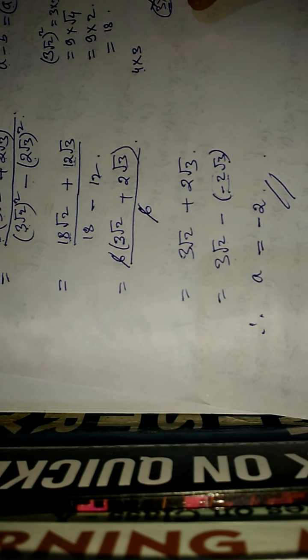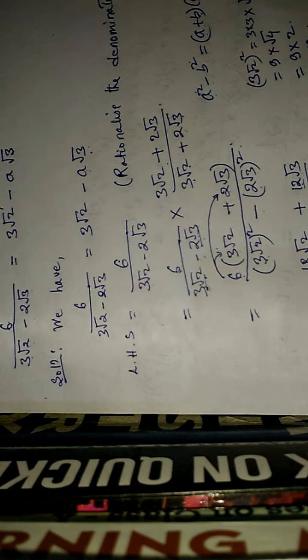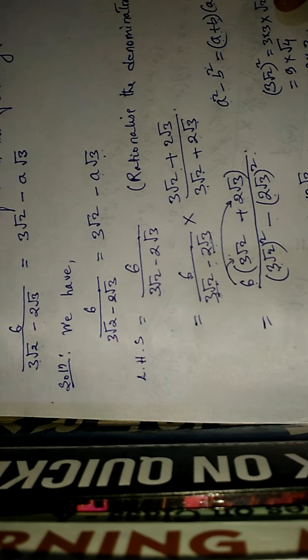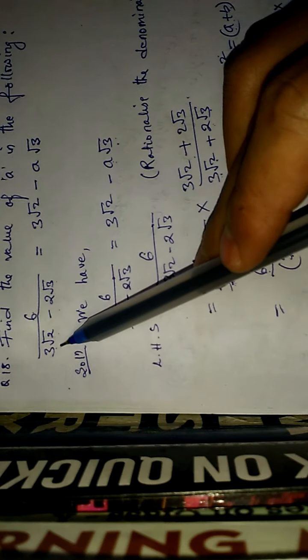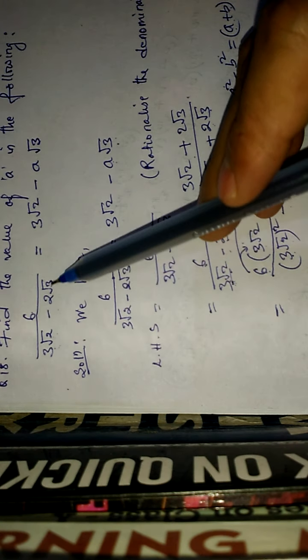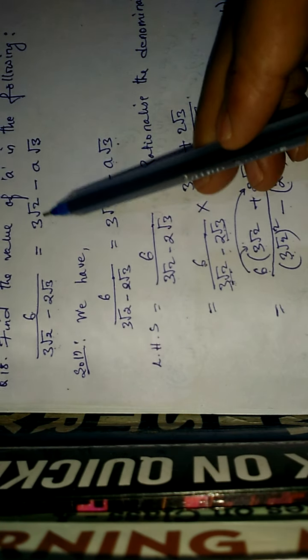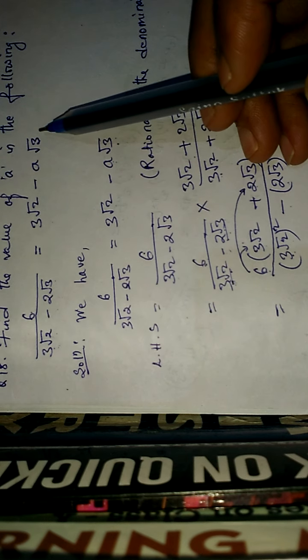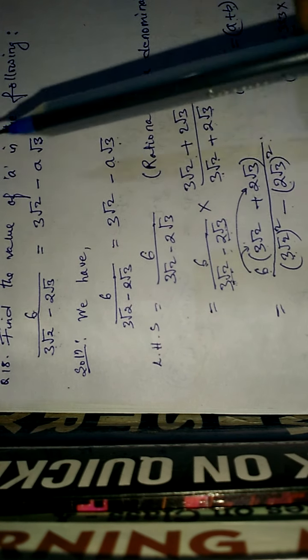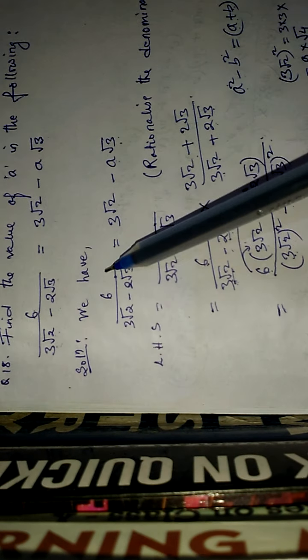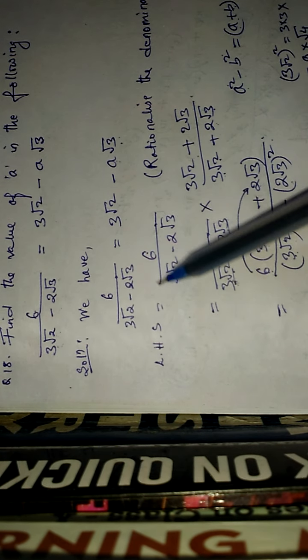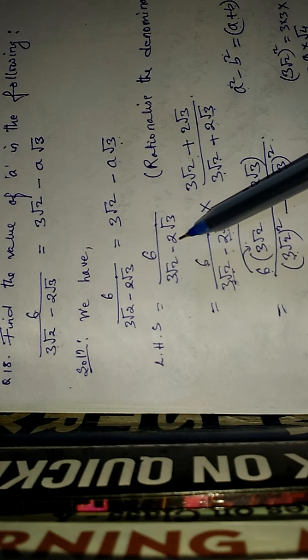See, the question is 6 by 3 root 2 minus 2 root 3 is equal to 3 root 2 minus a root 3. So you have to rationalize the left side value first. Here we take the left side value, 6 by 3 root 2 minus 2 root 3, and rationalize the denominator.